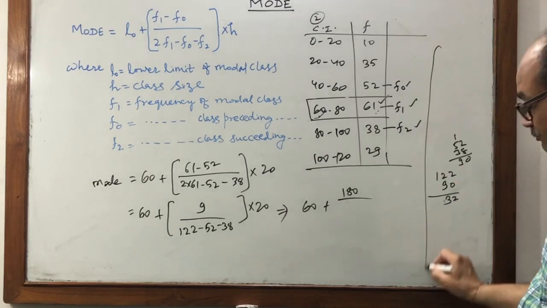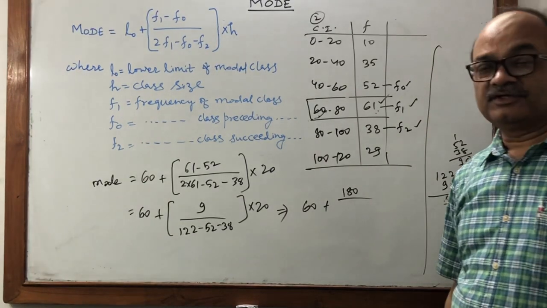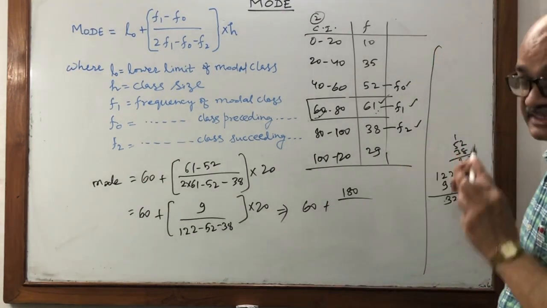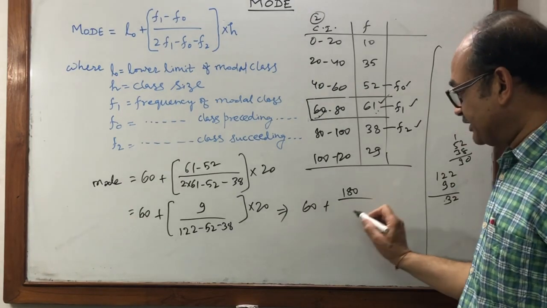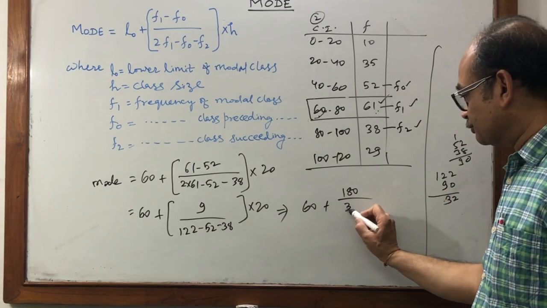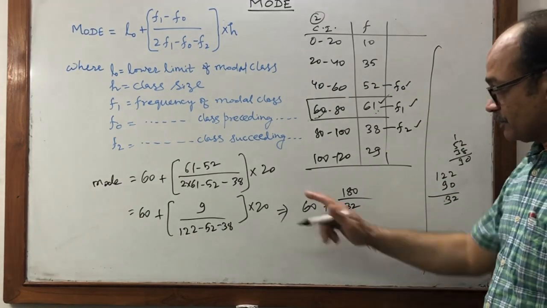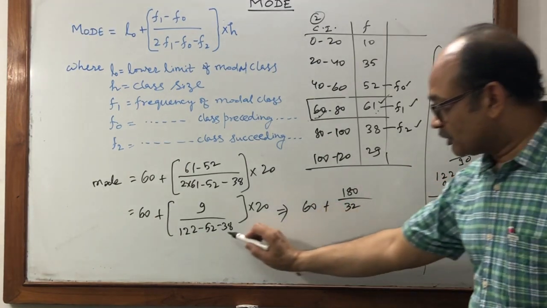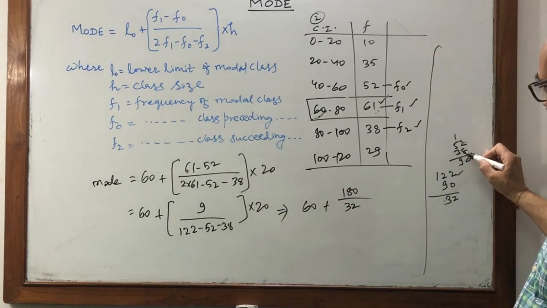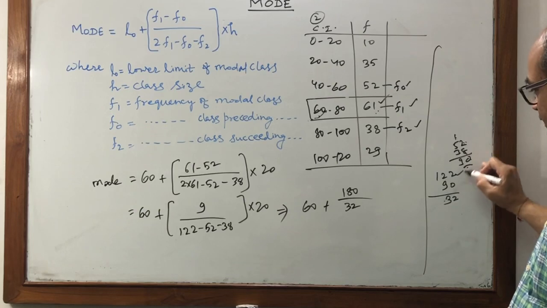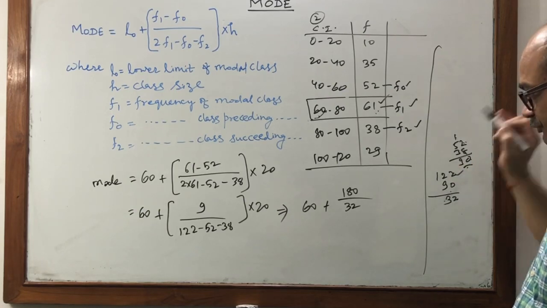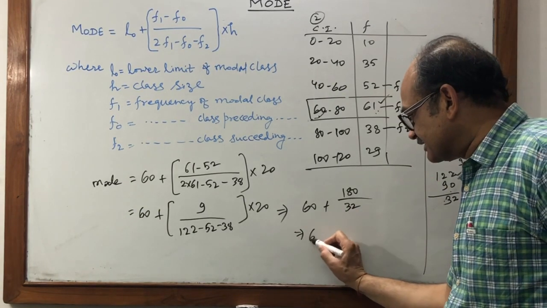Use rough column. Again I am saying the same thing. Use rough column whenever it is needed. So 60 plus 180 and here we are getting 32. Check it once again. 122 and the total of 52 and 38, 90, subtract 90, 32.